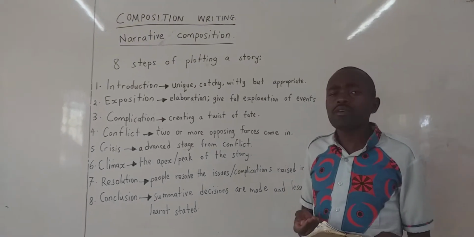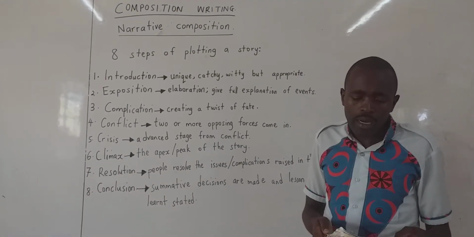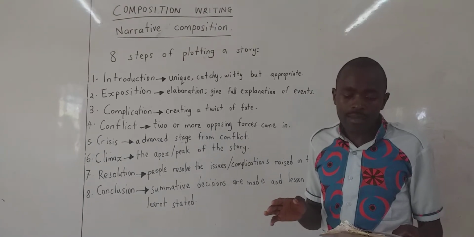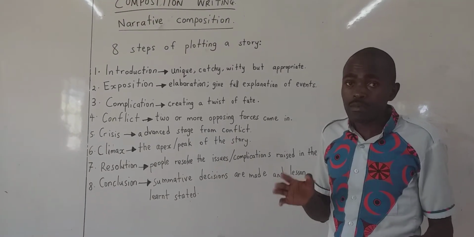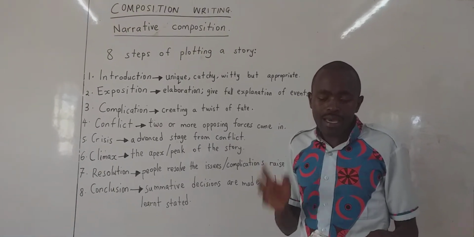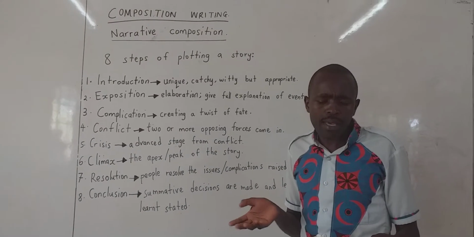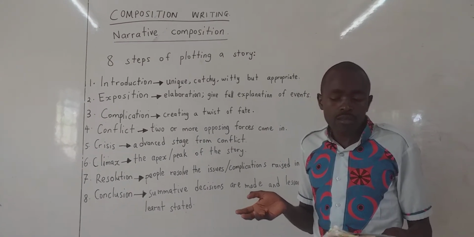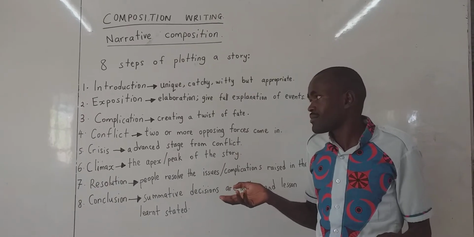For example, in a journey, when all is fine and then unexpectedly there is a tire burst, and maybe the spare wheel is also flat.